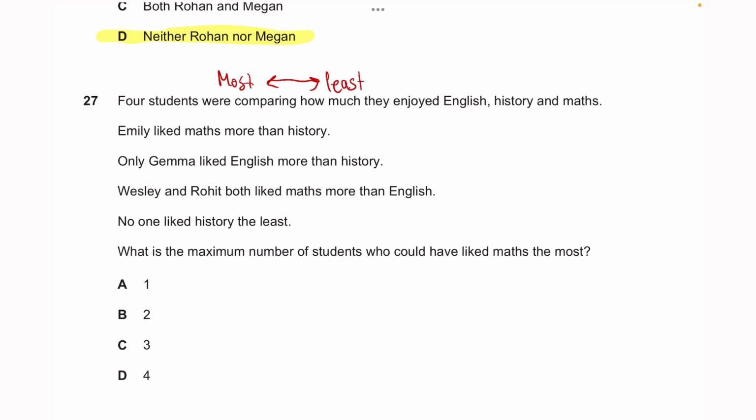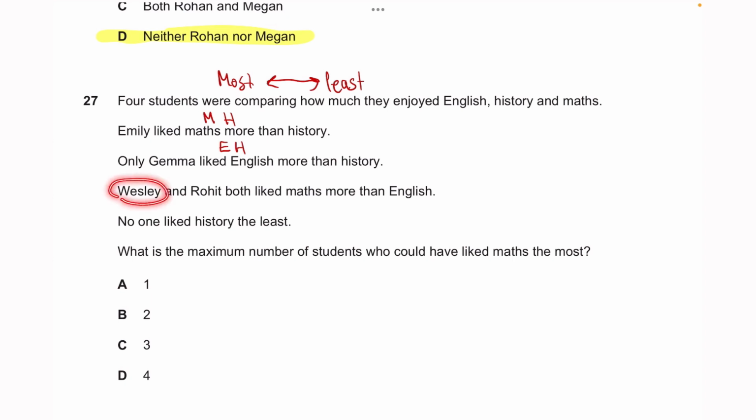Okay, so just remembering that. So Emily liked math more than history, so math more than history, and that means her last subject that she's got is English. Now we don't know if English is between math and history, so we're going to just leave that for now. Now it says only Gemma liked English more than history, so only Gemma liked English more than history. Okay, and it says we don't know about math yet.